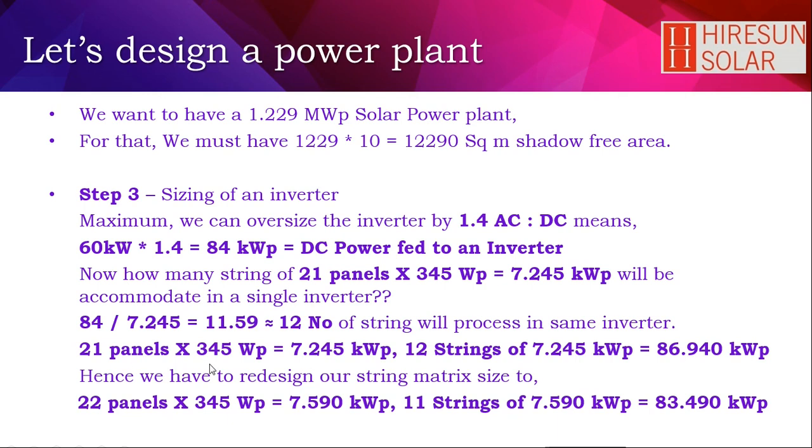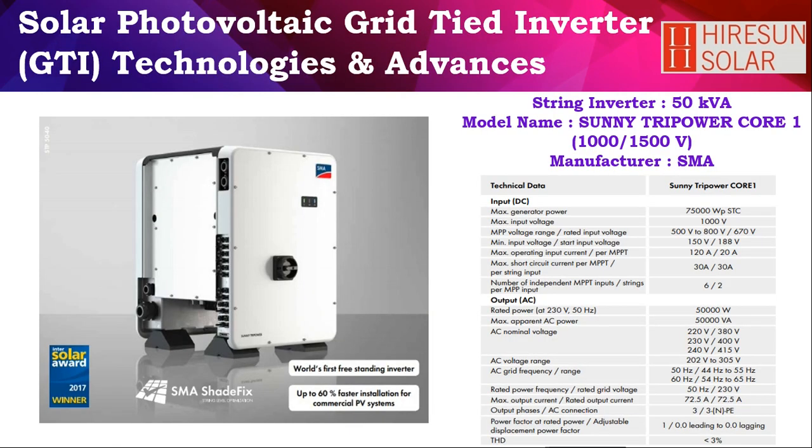Such 21 panels into the same power rating, we are having the same output. For 12 strings, we are multiplying this 12 with this, so we are getting 86.94 kilowatt. Similarly, we can take one more case. If you can take 22 panels, each of the same capacity, we need only 11 strings. So this is what the change in the power. If you go for the 12 strings or 11 strings, it is depending upon the user.